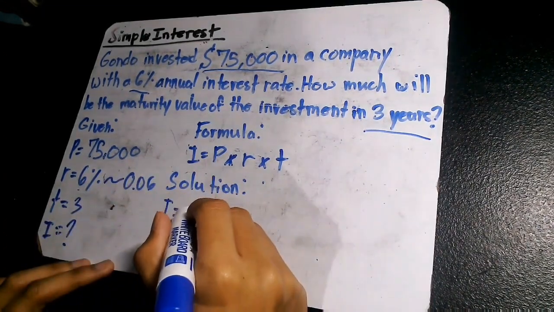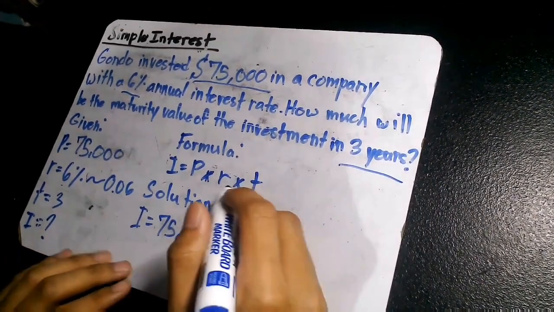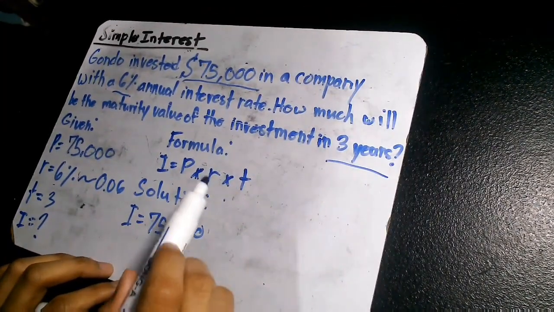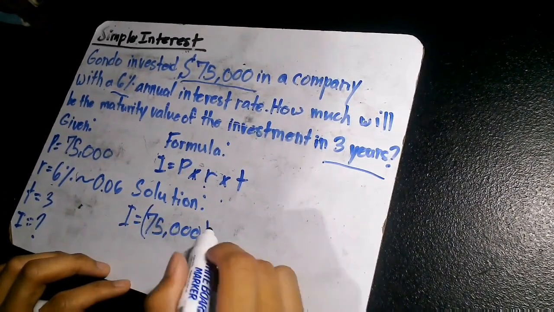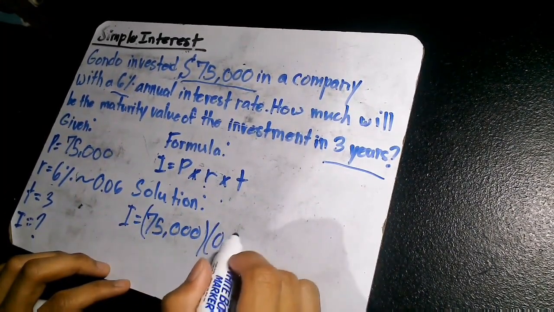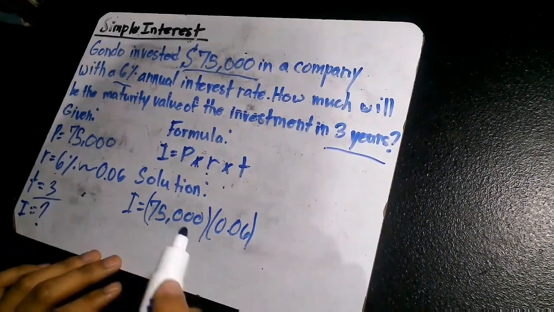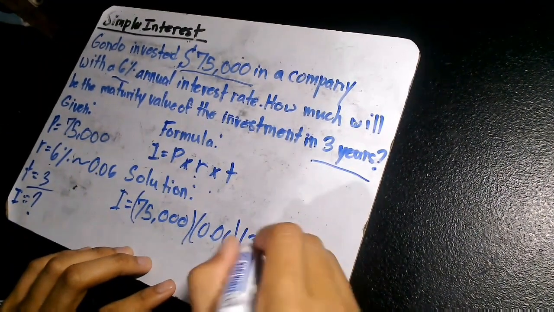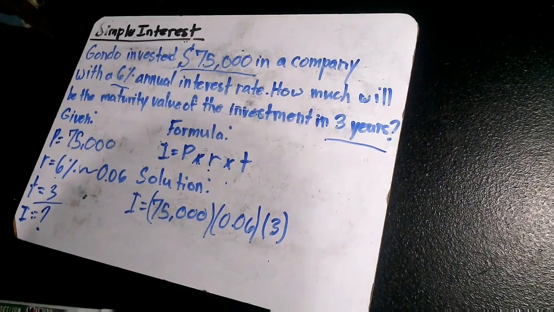And now, P is 75,000, and R, this rate, is 0.06, and time, which is 3, will be here. 75,000 times 0.06 times 3.